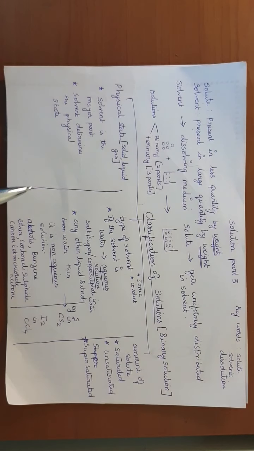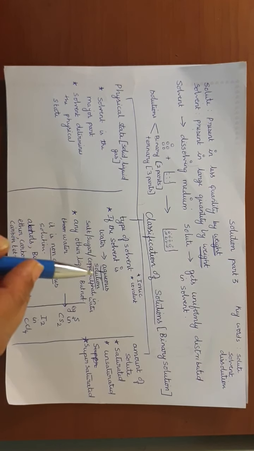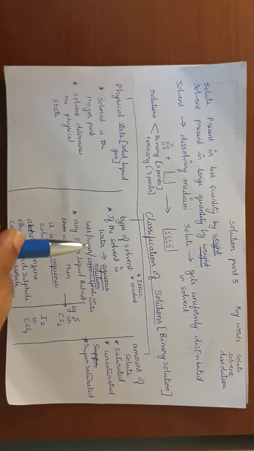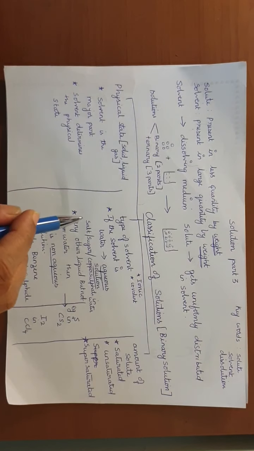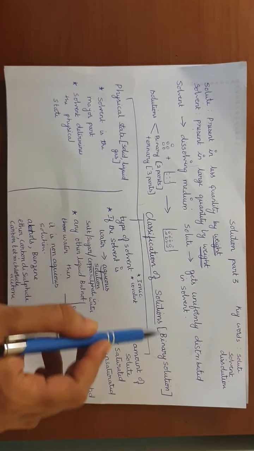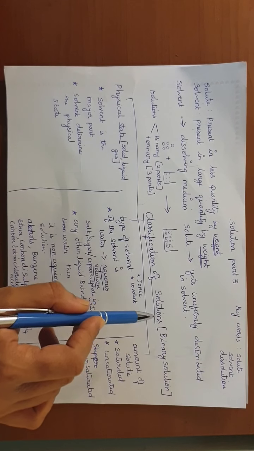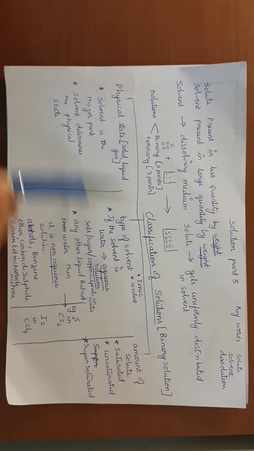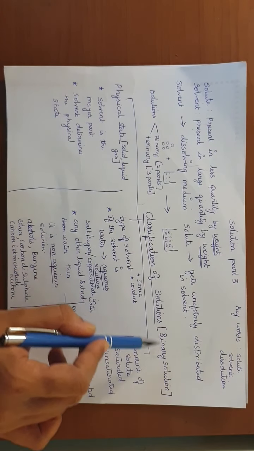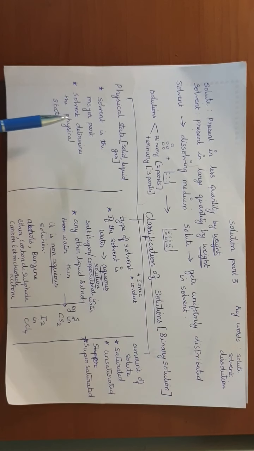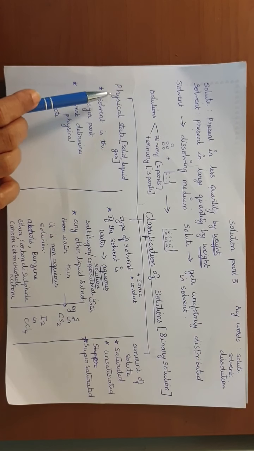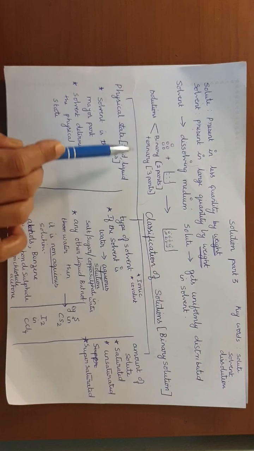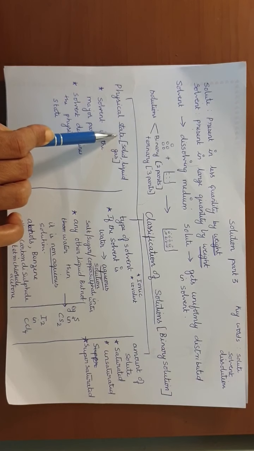Based on this explanation, I am trying to teach you about the classification of a solution, that means classification of a binary solution. A binary solution can be further classified into three types. First classification is based on the physical state.